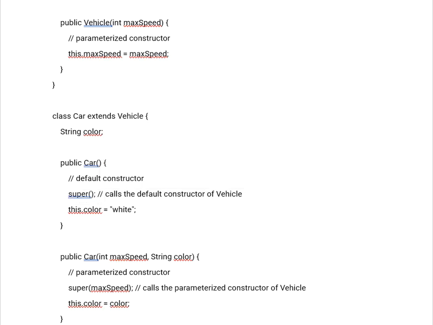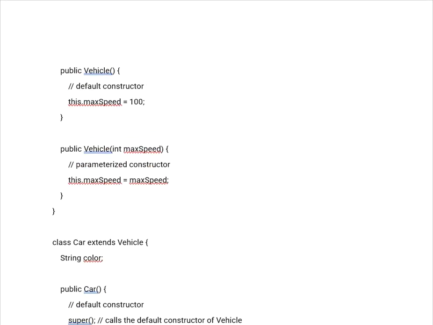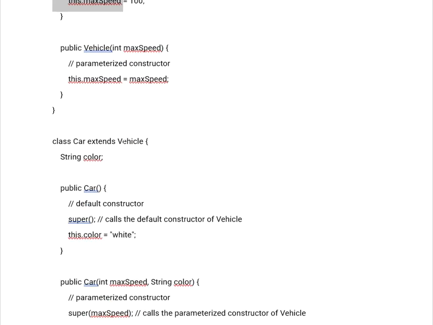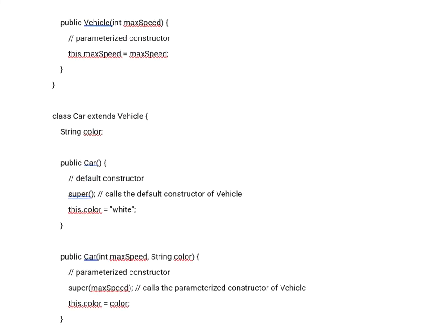So it will call the default constructor of Vehicle, means it will call this constructor, and then this.color equal to white. Now the other parameterized constructor for the class Car, here we pass the two parameters int maxSpeed and String color. super(maxSpeed) means we call the parent's parameterized constructor, means this constructor.